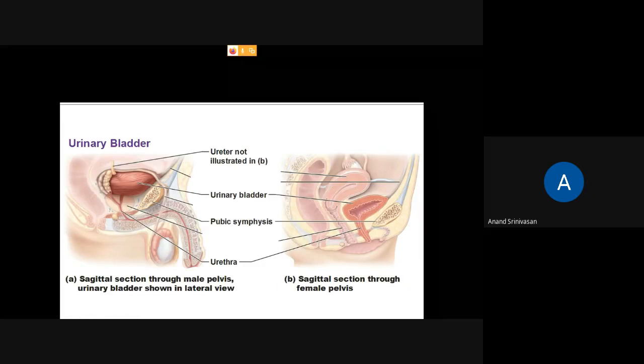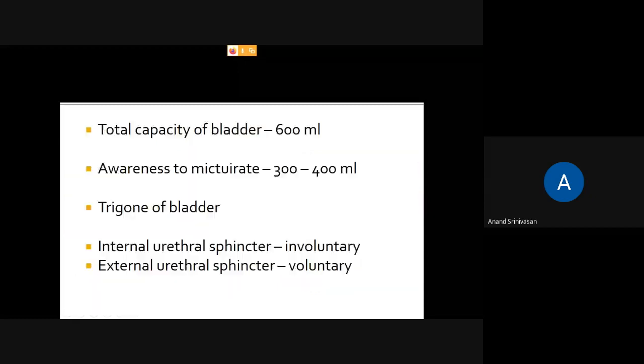Meatus means opening. Internal is located inside where the urethra starts, and external is located outside, where the urine comes out. In females, this is the internal urethral meatus, and this is the external urethral meatus.